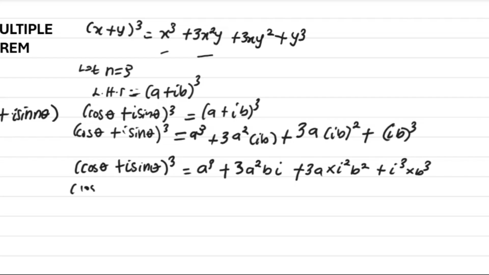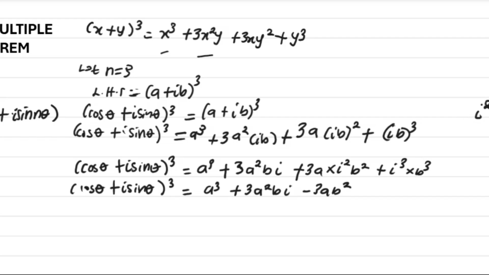So this will give us A raised to power 3 plus 3A square bi. Now I square is minus 1, so this will be minus 3AB square. Now I raised to power 3 is the same thing as I square times I, so I raised to power 3 is equal to minus I. So this will be minus B raised to power 3 i.